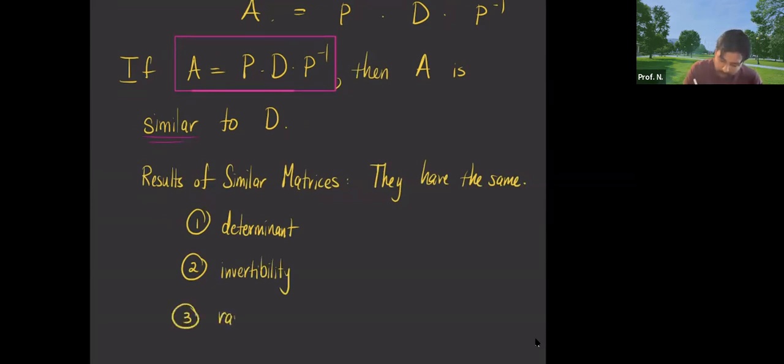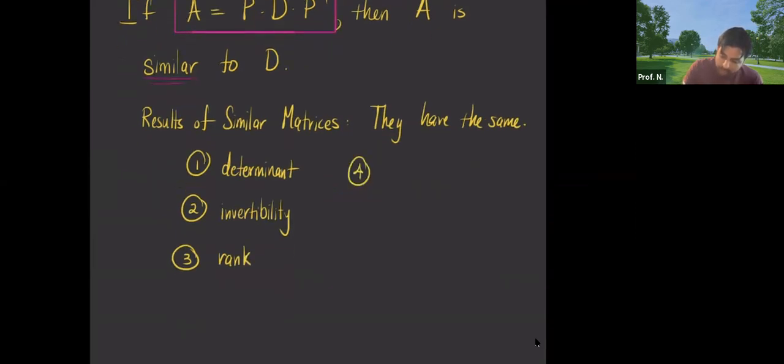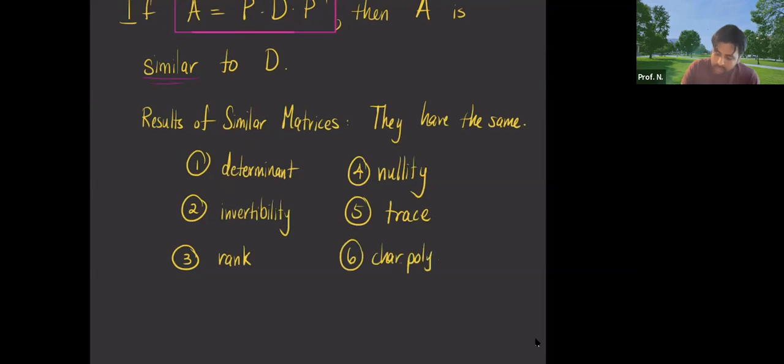And they have the same rank. They have the same nullity because they have the same rank. It follows. They have the same trace. That's interesting. They have the same characteristic polynomial. And if you have the same characteristic polynomial, you have the same eigenvalues, obviously. And if you have the same eigenvalues, you have the same eigenspace dimension.